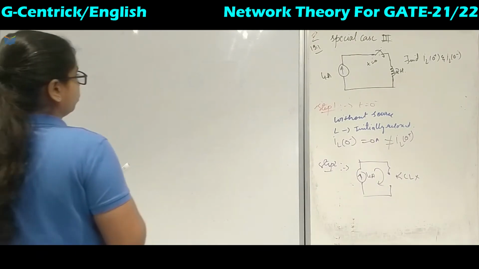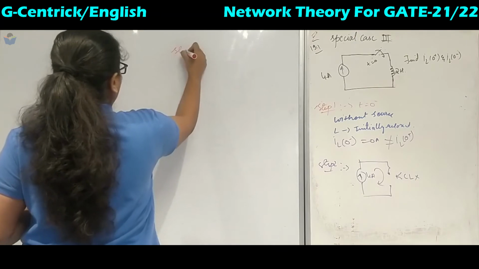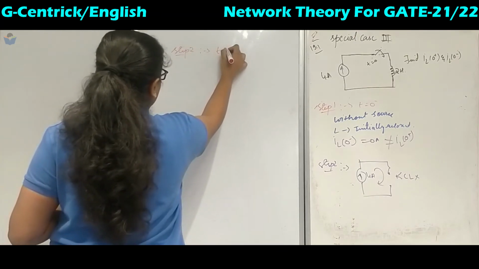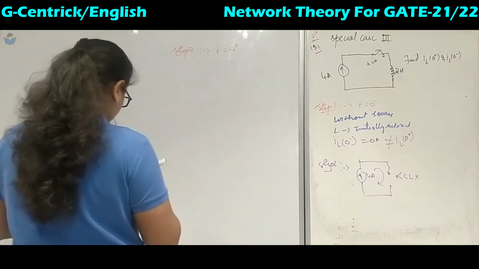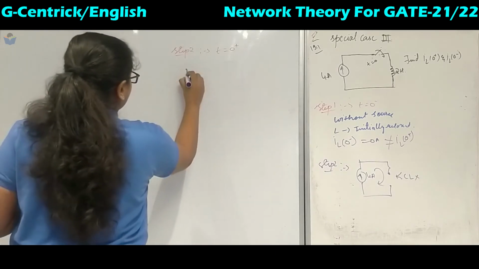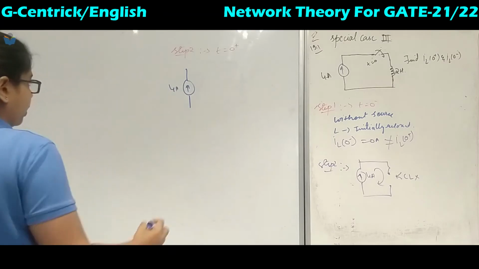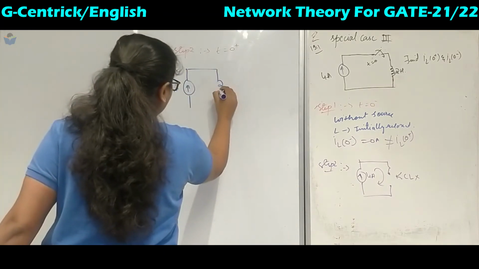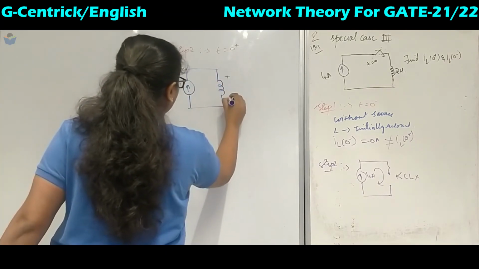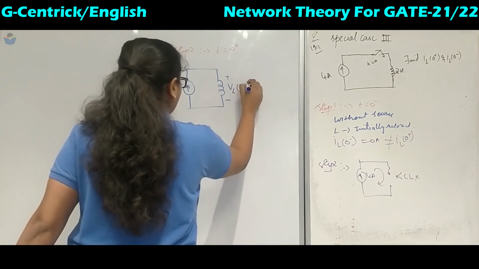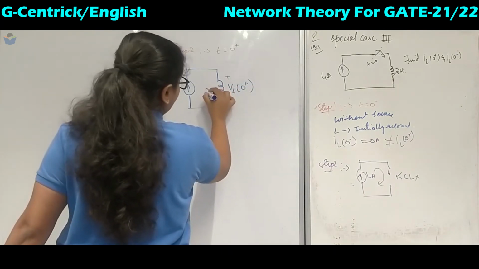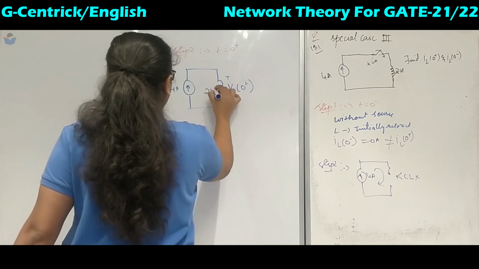Now we will move on to taking the Laplace transform. At t equal to 0 plus, our circuit has this 4 amperes, and we have got an inductor with voltage across it VL of 0 plus, with 2 Henry.